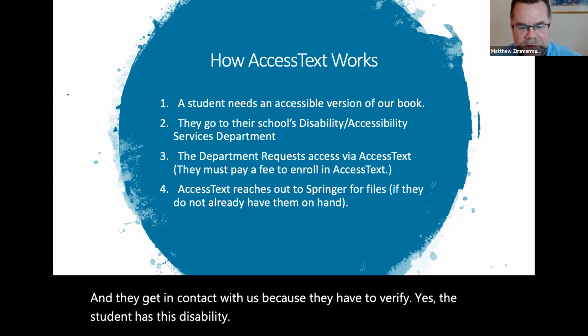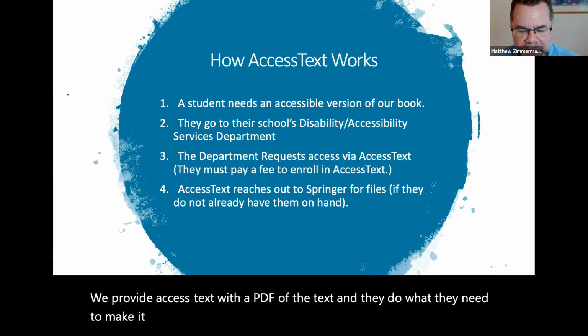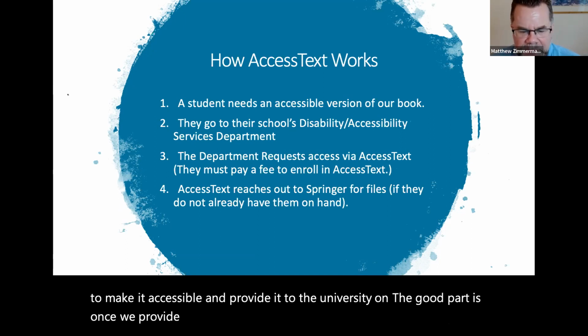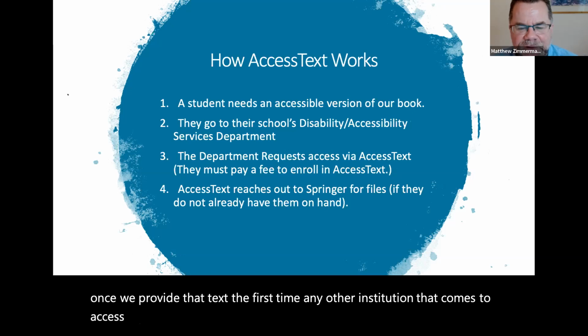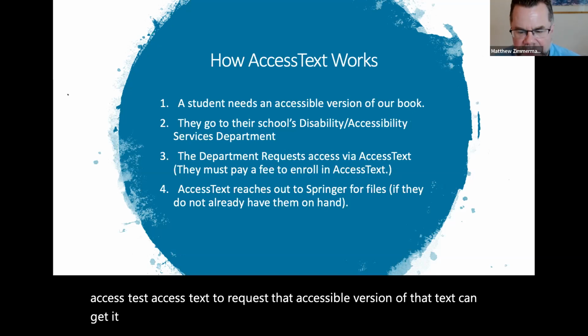We provide Access Text with a PDF of the text, and they do what they need to make it accessible and provide it to the university. The good part is, once we provide that text the first time, any other institution that comes to Access Text to request an accessible version of that text can get it. We don't have to always be providing it.